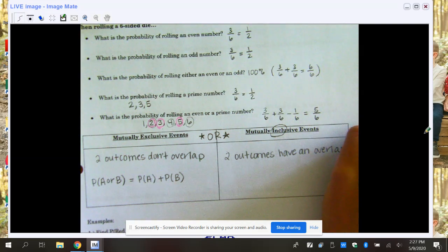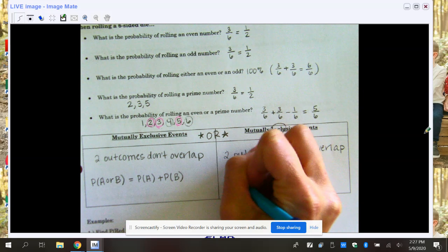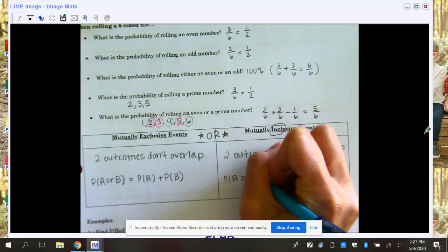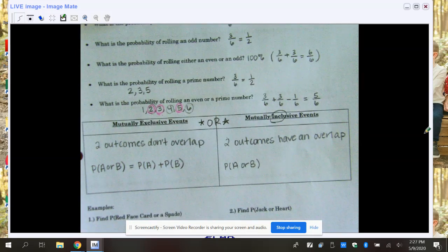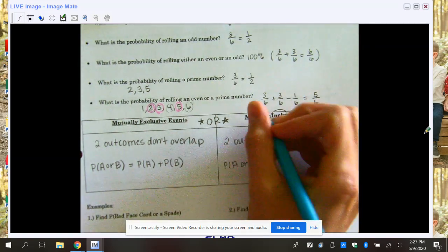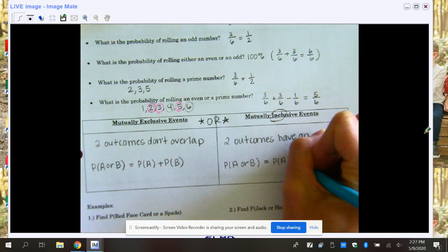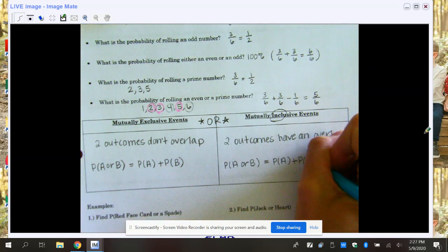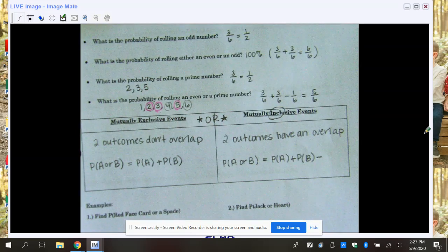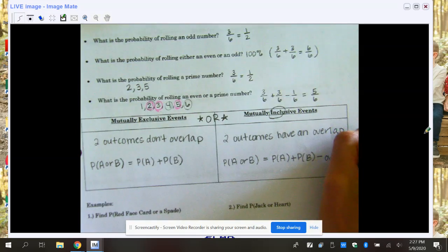So what you have to do when you find the probability is find what that overlap is. Is it one outcome, two outcomes, three outcomes, etc.? But you always take the probability of each and then subtract the overlap.